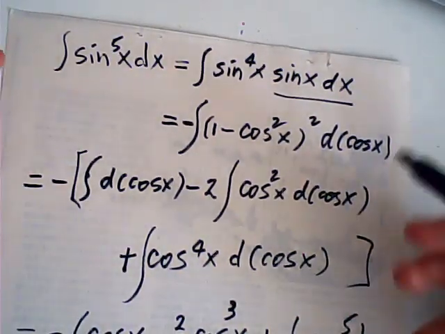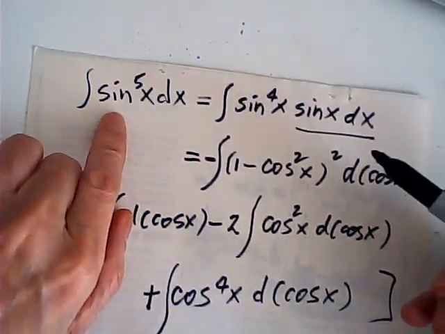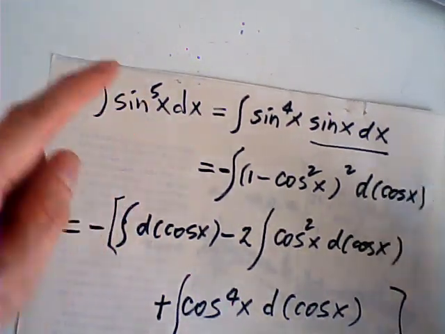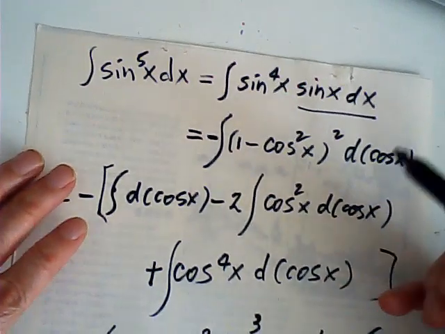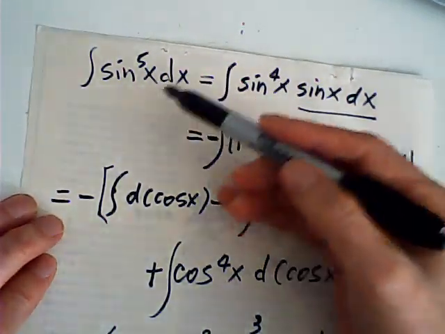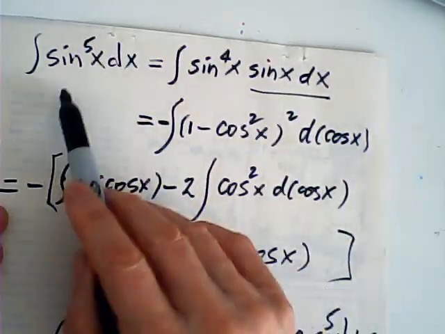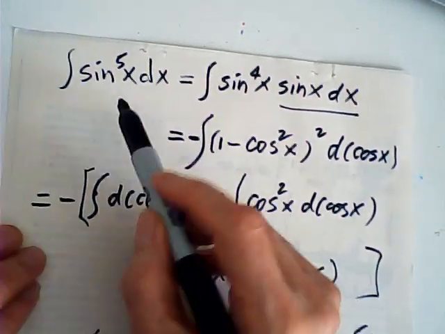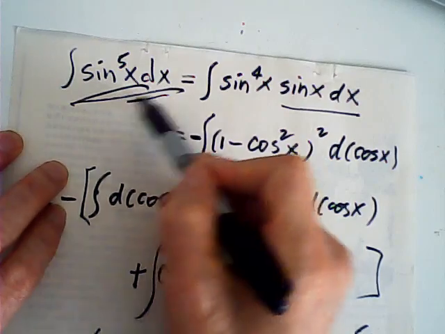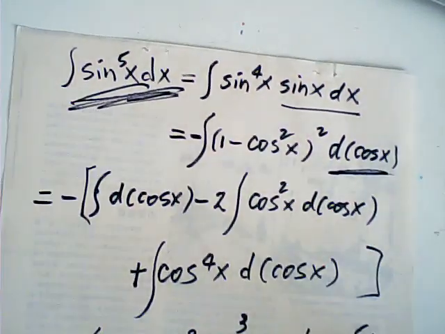Now I summarize again, okay? We are dealing with this kind of function. We have two problems, power function and trig functions. How to solve this one? Either reduce the power or change the structure. In this particular integral, I change the structure. That means I change the game from x into cosine x.